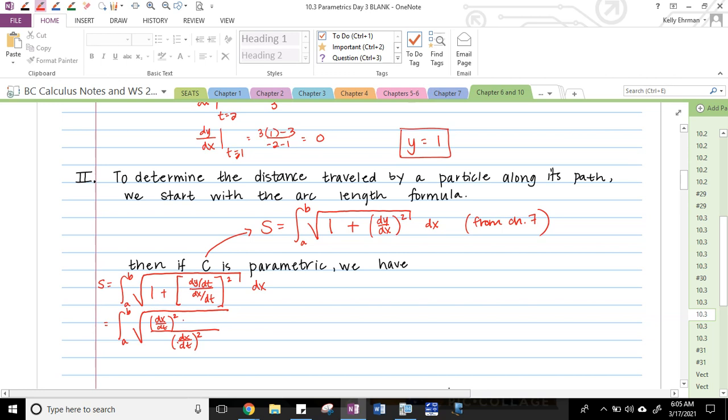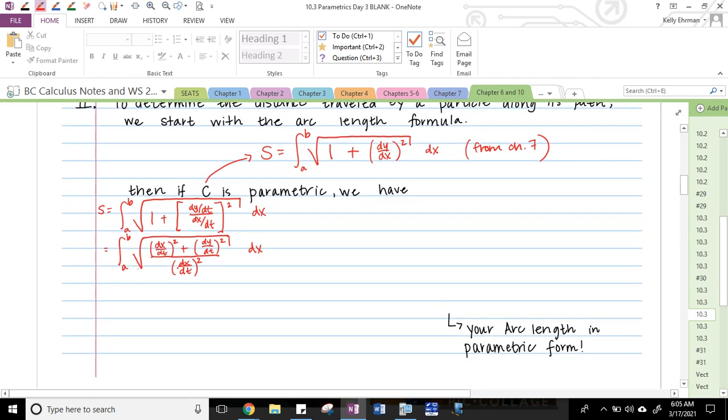So that's 1 plus, numerator here is dy dt squared, and I still just have this dx out here. All of this is under the square root right now, but I want to get rid of that denominator. The square root of a fraction is the square root of the numerator over the square root of the denominator, which happens to be a perfect square.